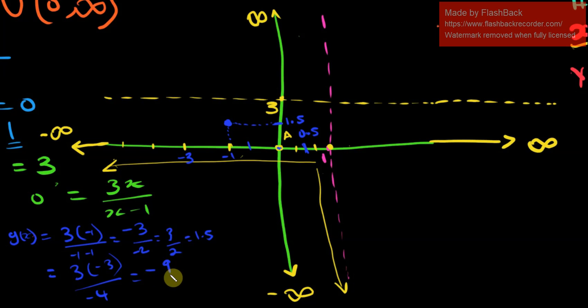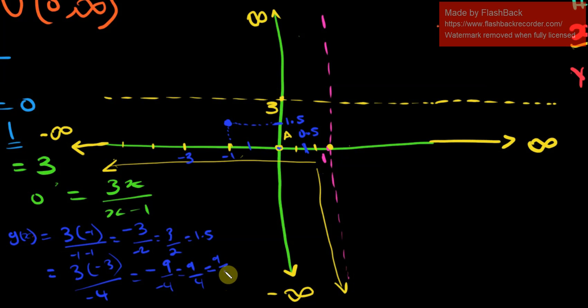That gives me -9 over -4, which is 9 divided by 4. 9 divided by 2 is 4.5, and 4.5 divided by 2 gives us 2.25.